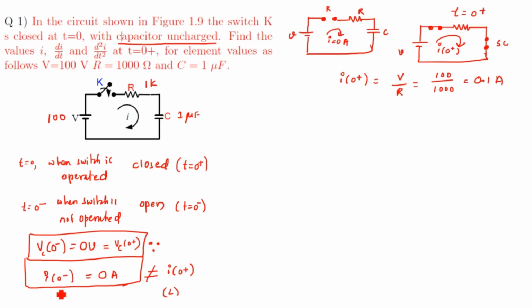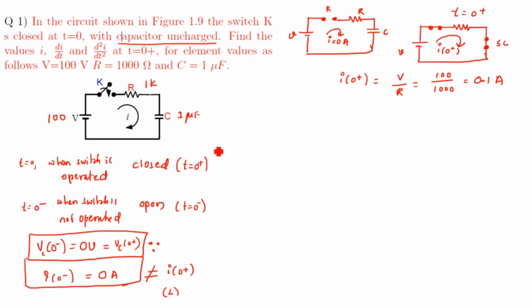Then you can see here I0 minus equals 0 amperes, I0 plus equals 0.1 amperes. That's why I said I0 minus is not equal to I0 plus, because we don't find any inductor here. But V0 minus equals V0 plus equals 0 volts, because that is the property of a capacitor. Alright.